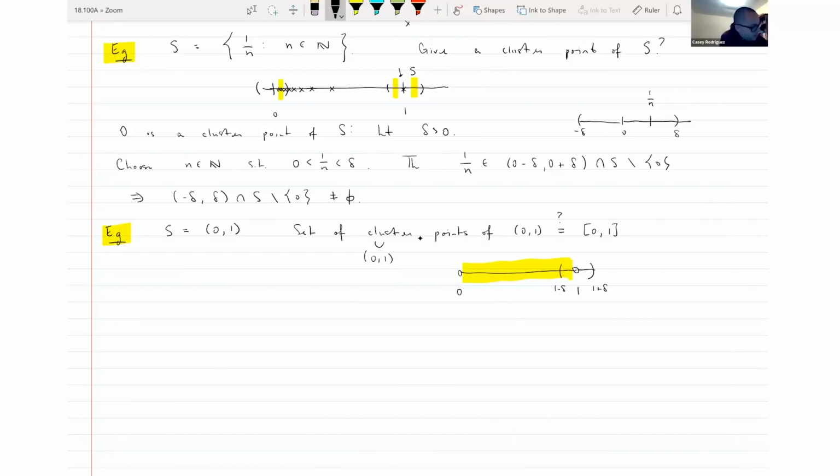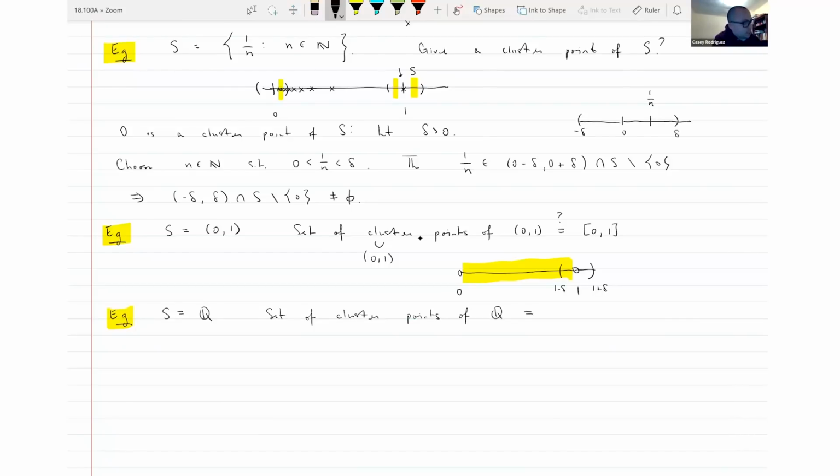Now, let's do another example. Let's say we look at now the set of rational numbers. So you should, again, think of cluster points as being the set of points where there is a lot of this set nearby. Okay?